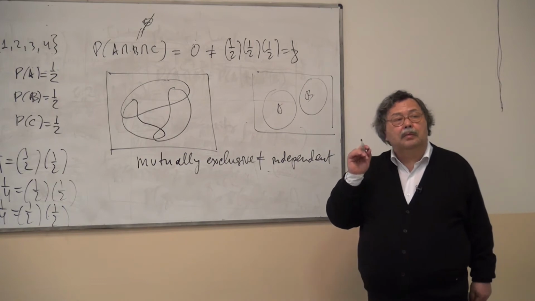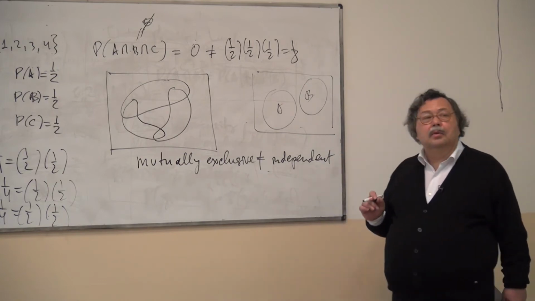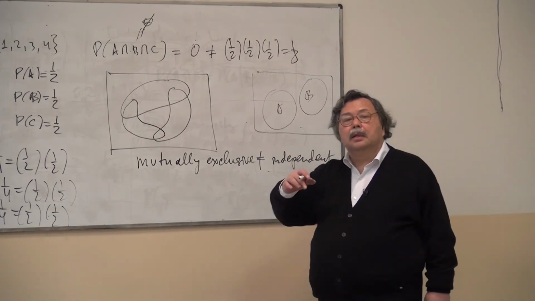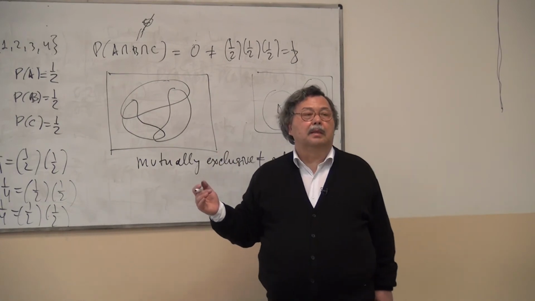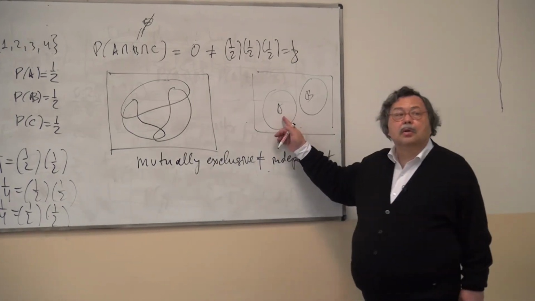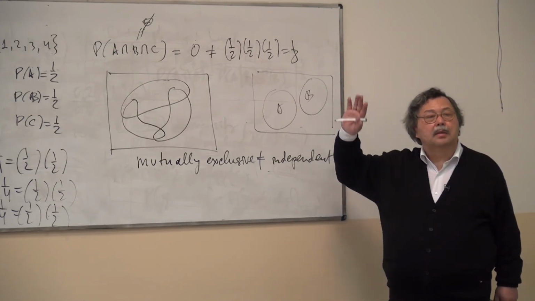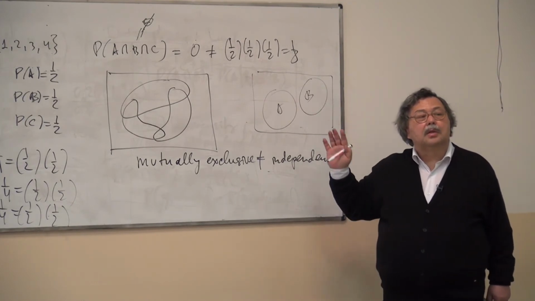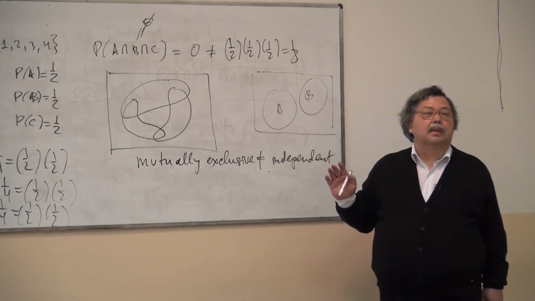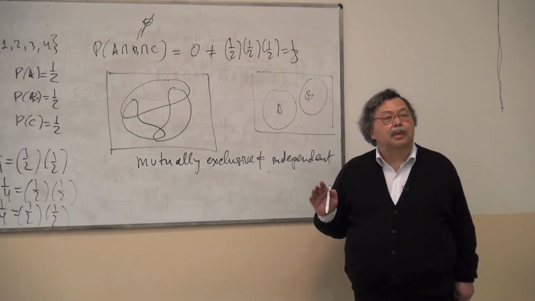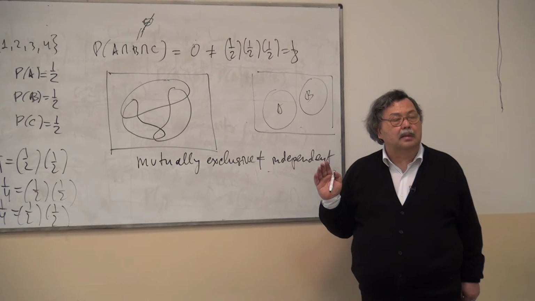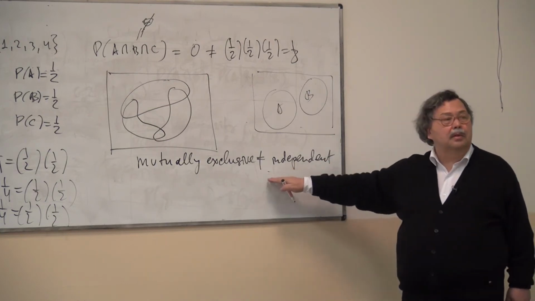If you think of it, it's actually an extreme case of dependence. If one of them occurs, the other one cannot occur. The other one is excluded, which is definitely not independence. It's a very strong case of dependence. So please do not confuse these two concepts.